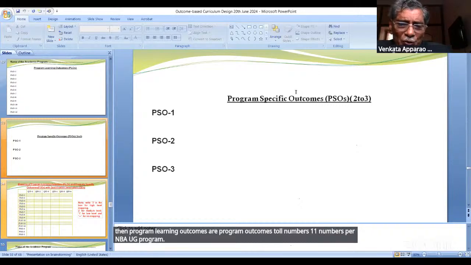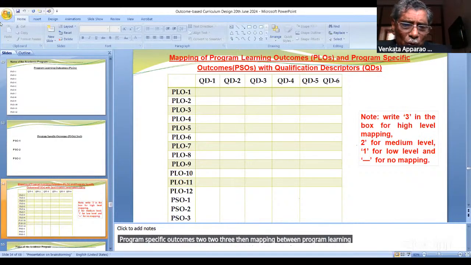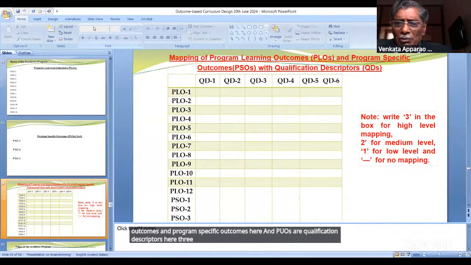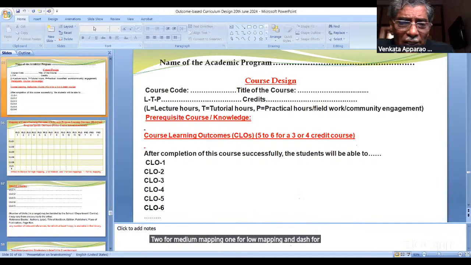Then program specific outcomes, 2 to 3. Then mapping between program learning outcomes and program specific outcomes here, and PEOs or qualification descriptors here. 3 for high mapping, 2 for medium mapping, 1 for low mapping, and dash for no mapping. Please don't forget to put dash.